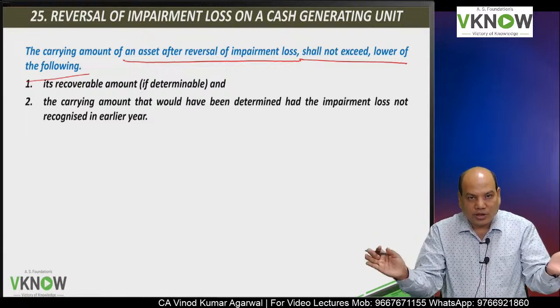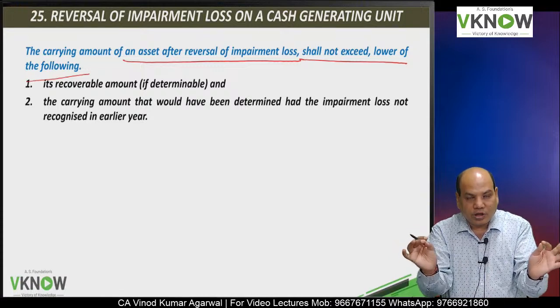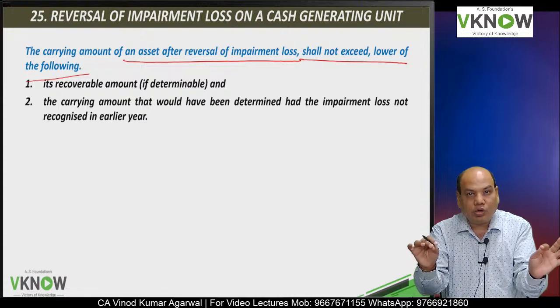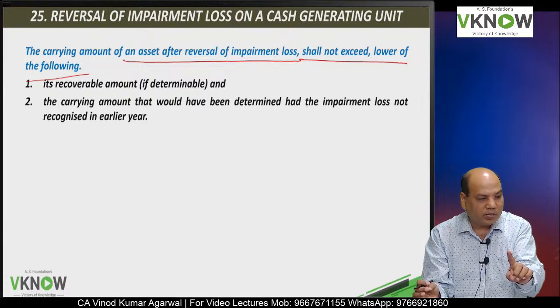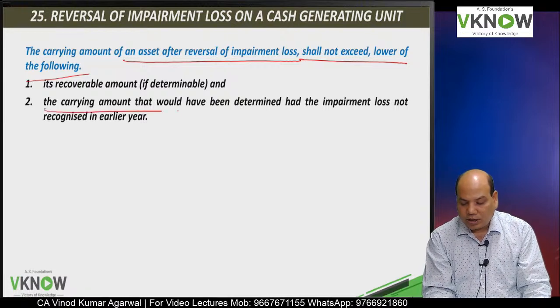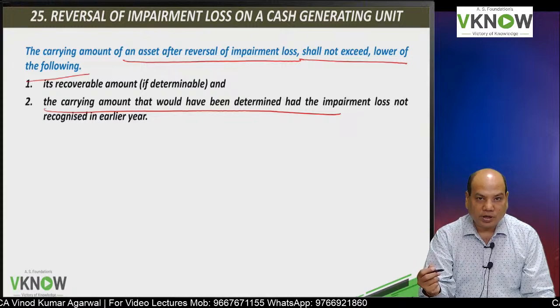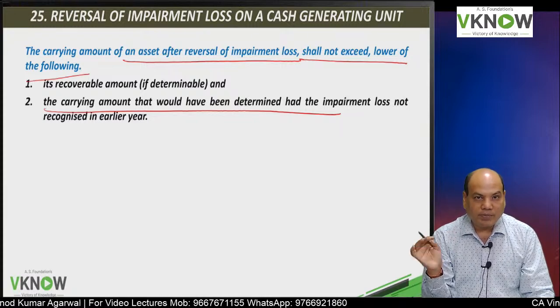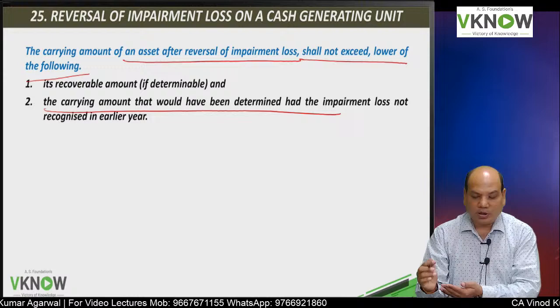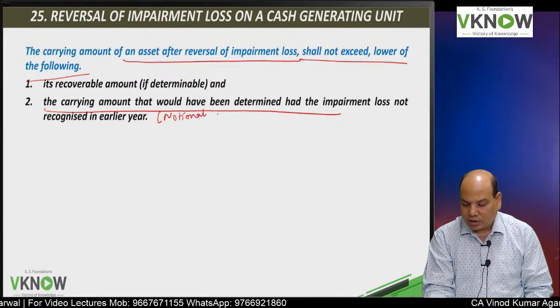The carrying amount of the asset of the CGU will increase, but there is a limitation. It should not exceed the lower of the two: the recoverable amount if determinable, or the carrying amount that would have been determined if the impairment loss was not provided. Had you not provided the impairment loss, what would have been the carrying amount? That I will call the notional carrying amount.